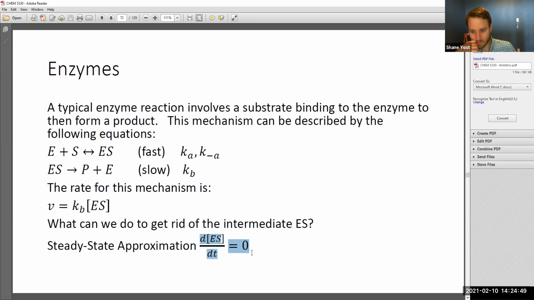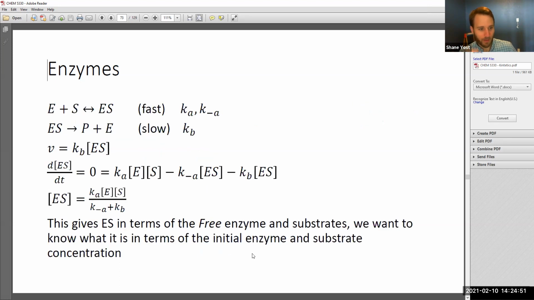So we write out what that steady state approximation is. Enzyme substrate appears in the forward direction of this equilibrium reaction, the reverse direction of the equilibrium reaction, and the forward direction of this second reaction, in which it's a reactant in two of those reactions, so it's got a minus sign.